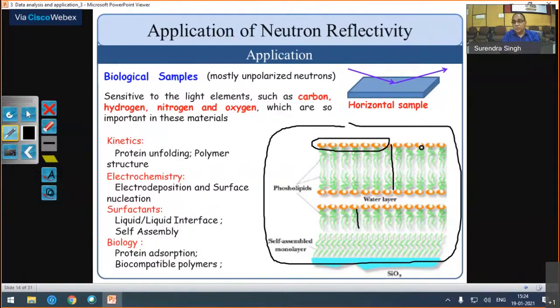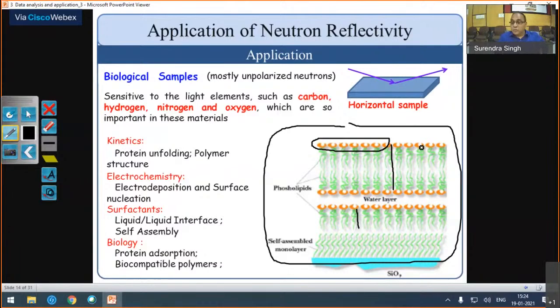Other techniques, like VSM and SQUID, will say you have some ferromagnet, but not where it is.